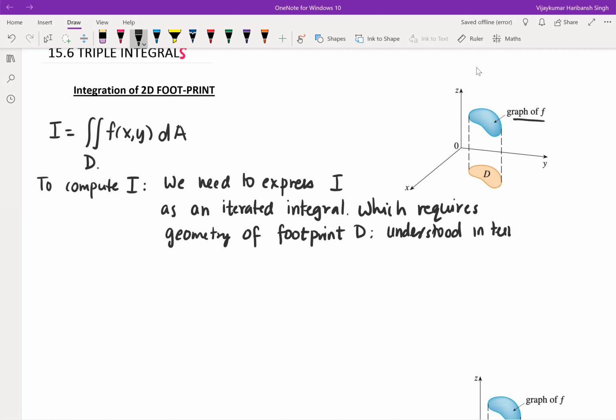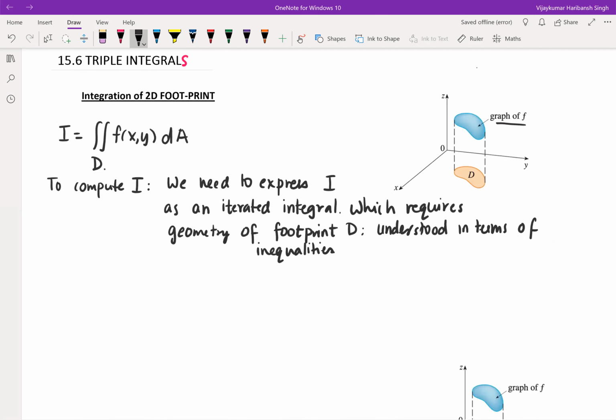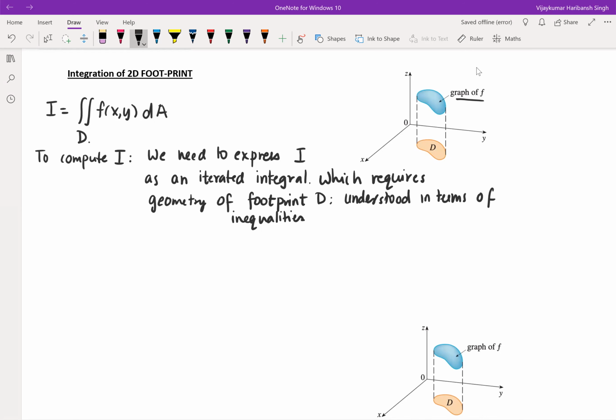In terms of inequalities. So what do I mean by that? Let's take an example. Suppose I want to integrate from 0 to 1, x to 1, of sine y squared dy dx.